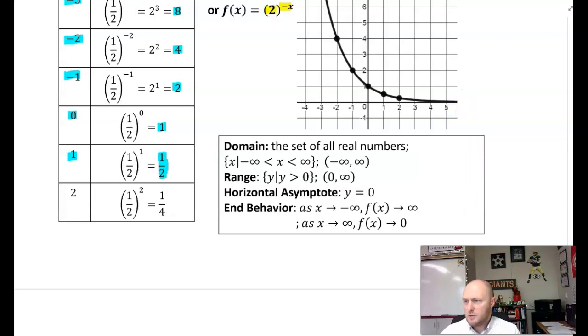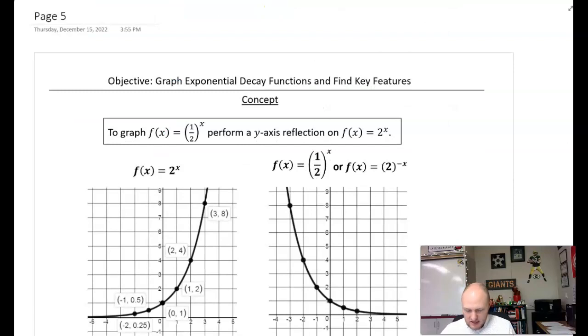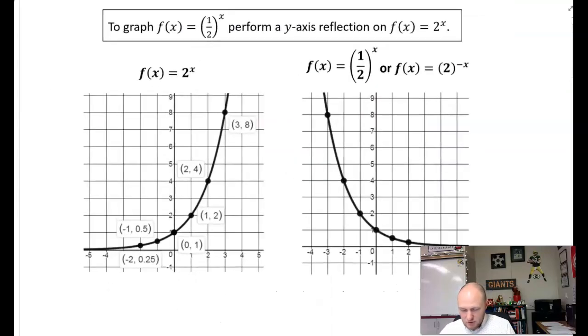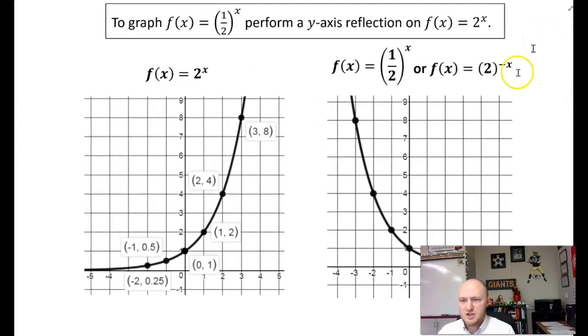So enough about the overview. Let's go ahead and look again closely at this reflection and this idea. So here is 2 to the power of x. Again, notice these key points: -1, up a half; 0, 1; 1, 2; 2, 4; 3, 8. These mirror our points for exponential decay.